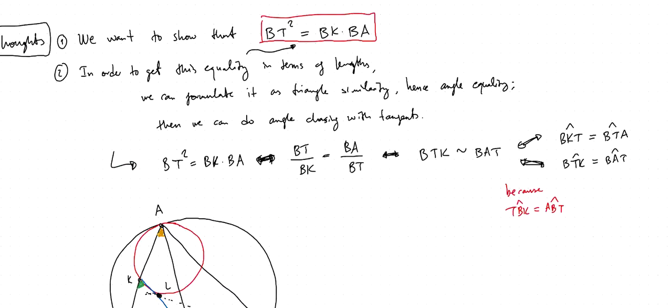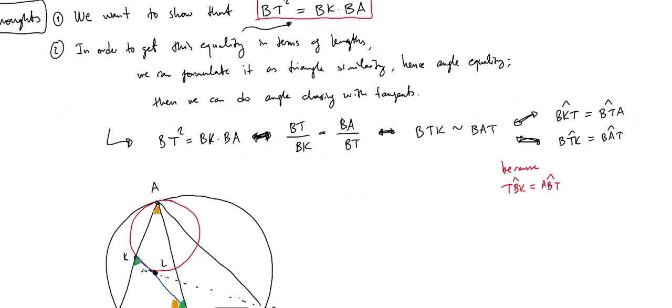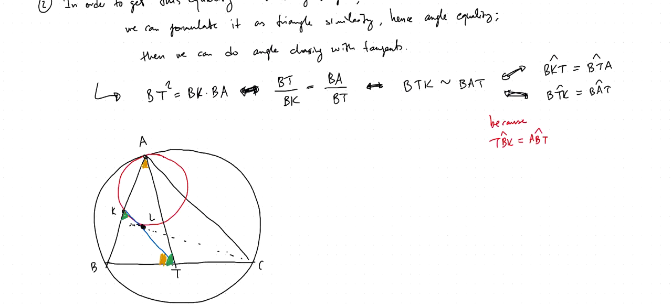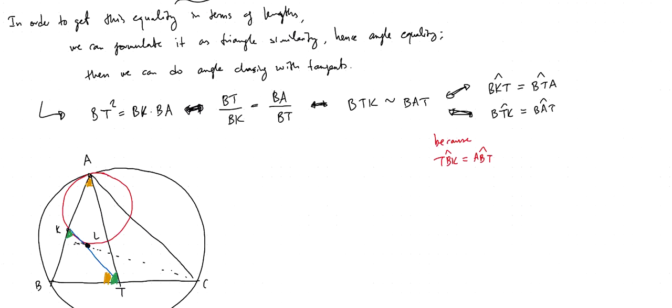What we want to prove is this equality, BT squared equals BK times BA, and this is the same thing as saying that the circle AKT is tangent to BT. And then this is the same thing as saying this angle equality. So I'm basically coming from this step to the last step without doing the triangle similarity.